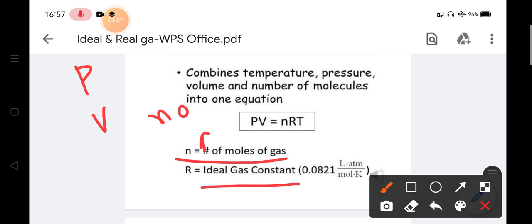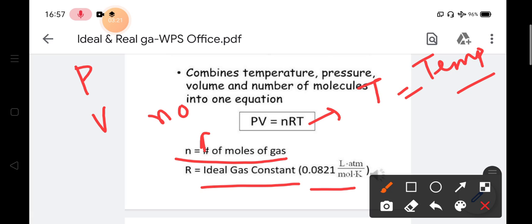In the case of liter atmosphere, the value is 0.082. And T is the temperature. P is pressure, V is volume, n is the number of moles of gas, and R is the ideal gas constant.